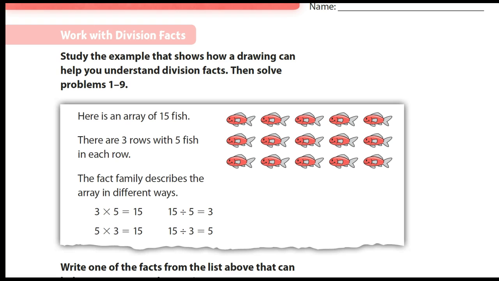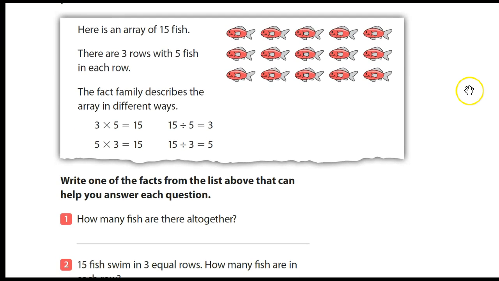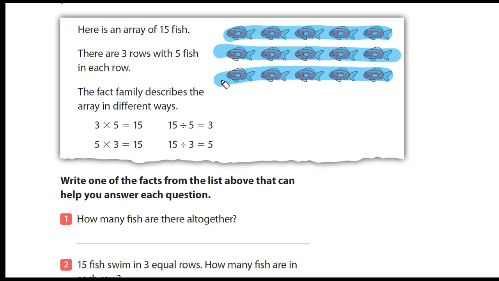An array. Plus it says, here's an array of 15 fish. There are 3 rows, so he's got 3 rows of fish. Okay, he's got 1 row, 2, 3. 3 rows. The fact family describes the array in different ways.